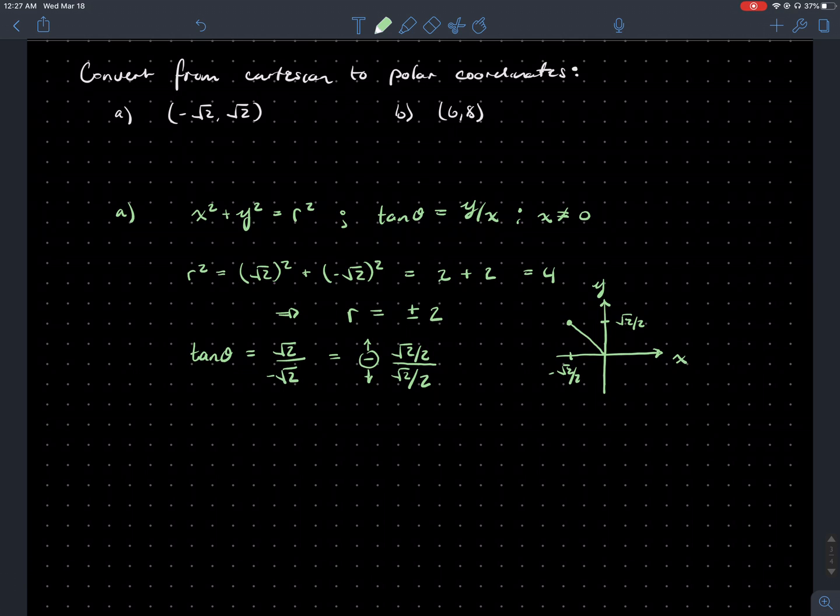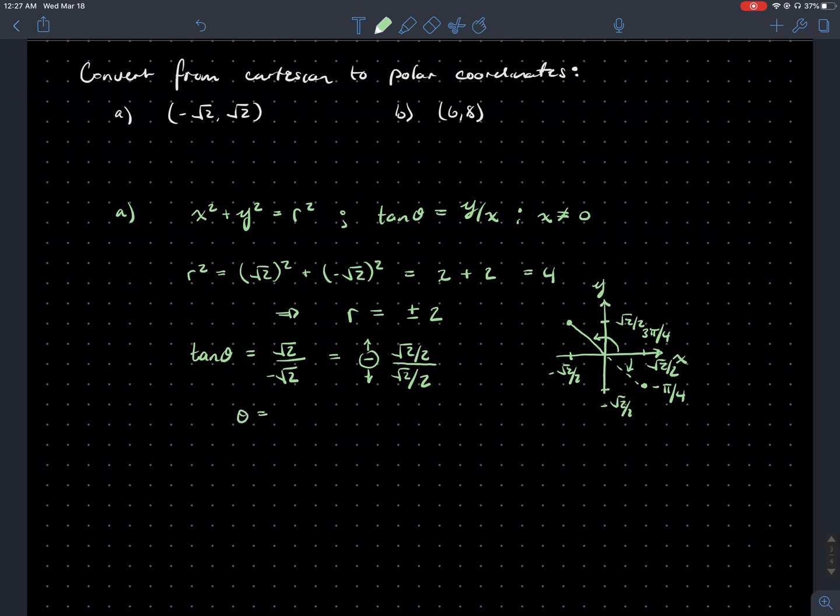So that is going to be a rotation of 3 pi fourths, or we could go down square root of 2 over 2, and to the right square root of 2 over 2, so that we can rotate by negative pi fourths to get to this point down there.